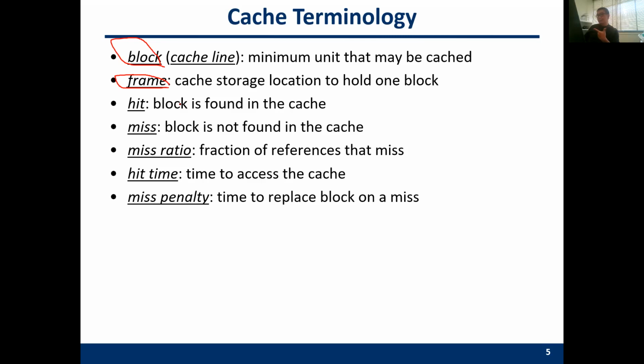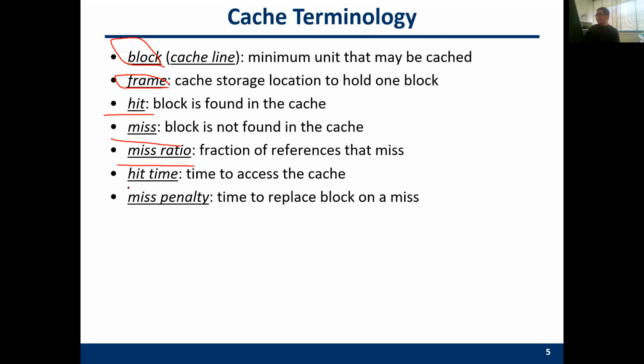It's how many blocks, or how many frames, the cache can hold. So one frame can hold one block. If we can find that piece of data, it's called a hit. If we cannot find that piece of data in the cache, this is called a miss. And we can calculate the frequency of miss and the frequency of hit. This is so-called miss ratio or hit ratio.